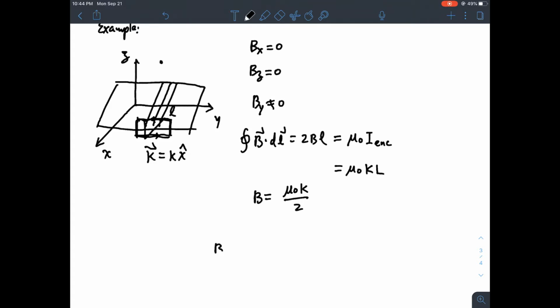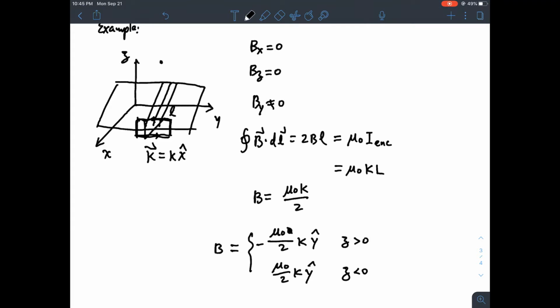And as we said, for z greater than 0, it should be pointing to the negative y direction, pointing to the left. For z less than 0, it should be mu 0 K over 2 pointing to the y direction, because it's pointing to the right.